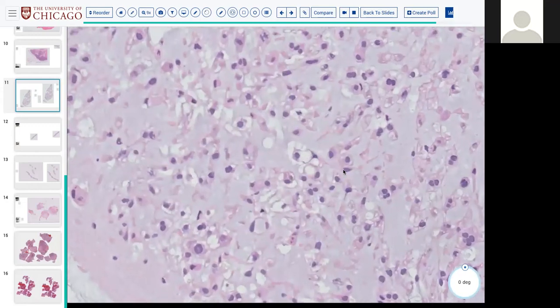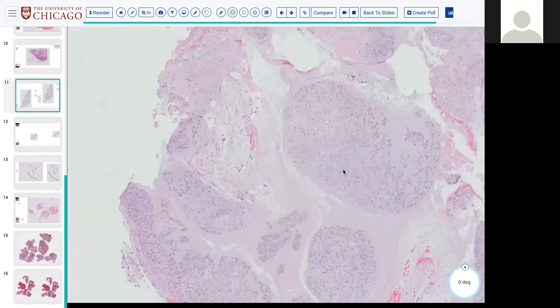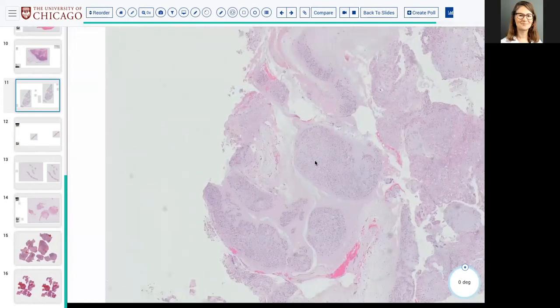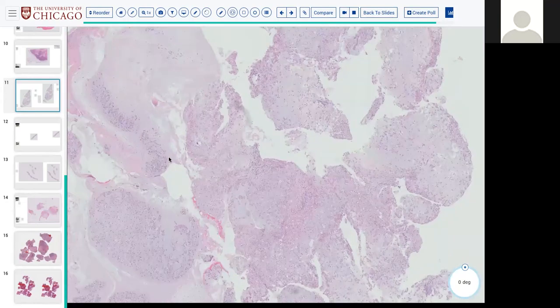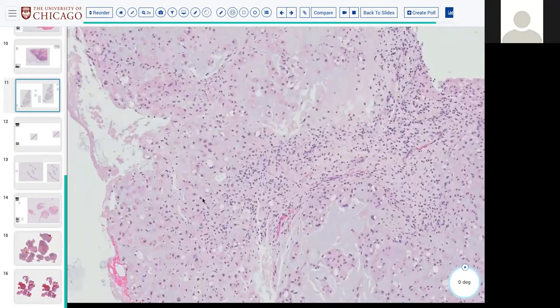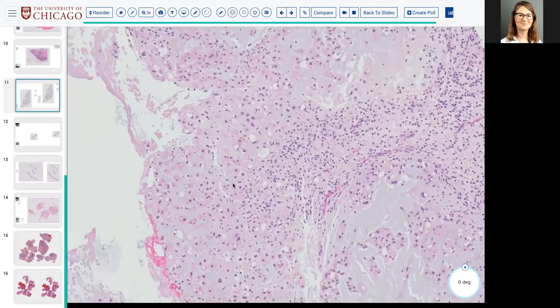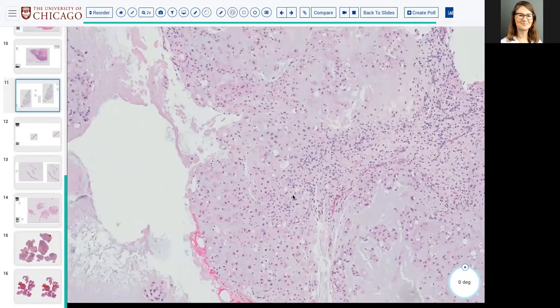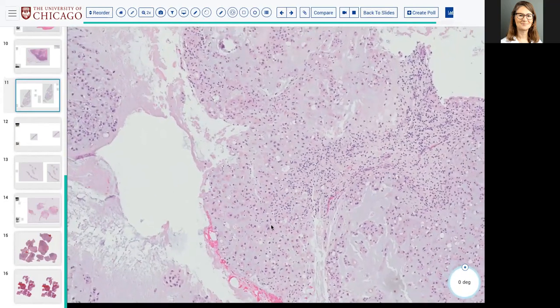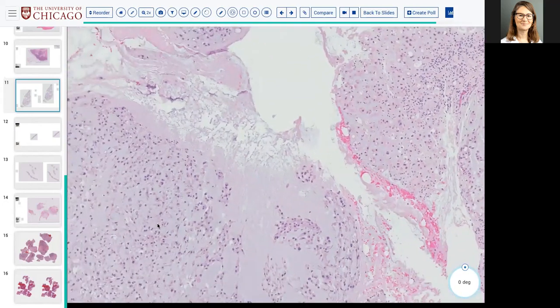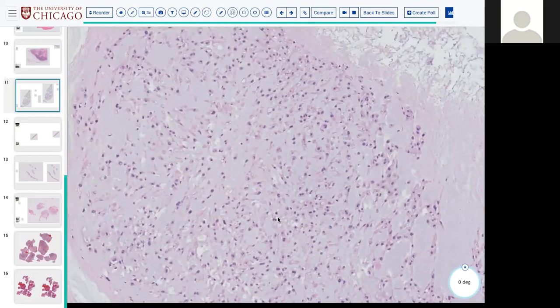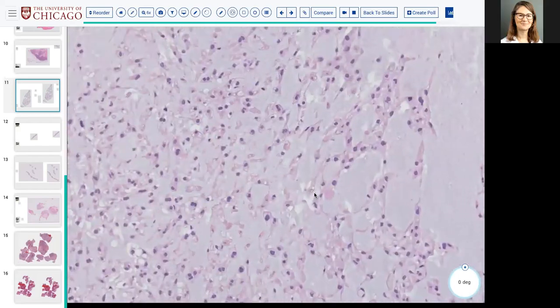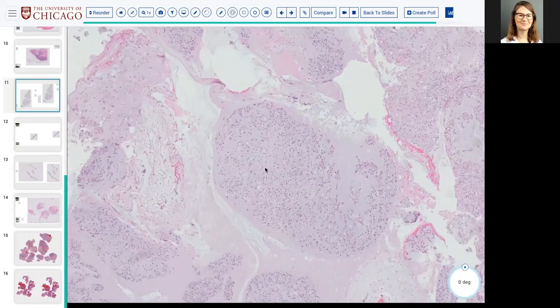Pseudolipoblasts in myxofibrosarcoma. Okay, pseudolipoblasts in myxofibrosarcoma. That would require us to potentially see some prominent curvilinear blood vessels, which on casual glance I don't really see.